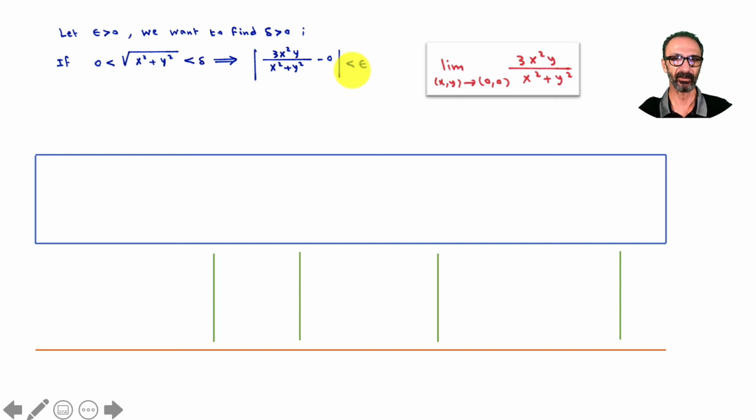So it lands only within a short interval centered at L with radius epsilon, because it's an interval that has a center. That's why I'm using the word radius.